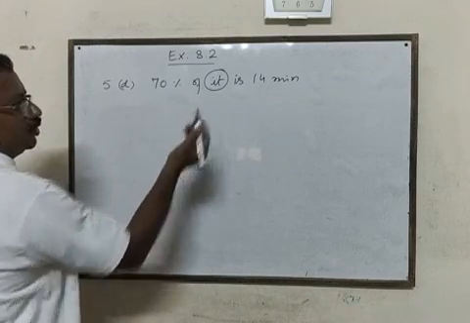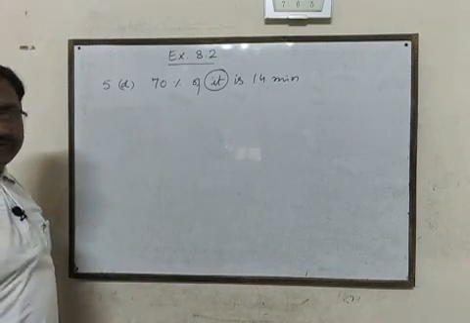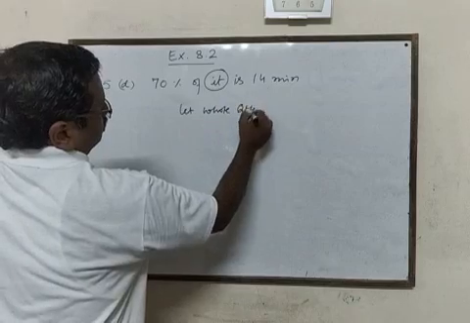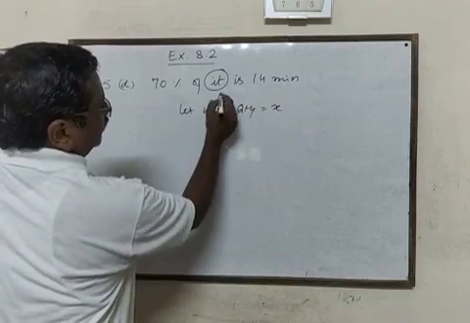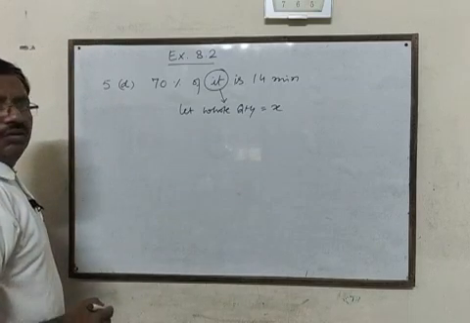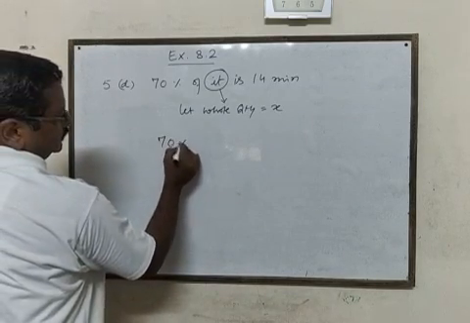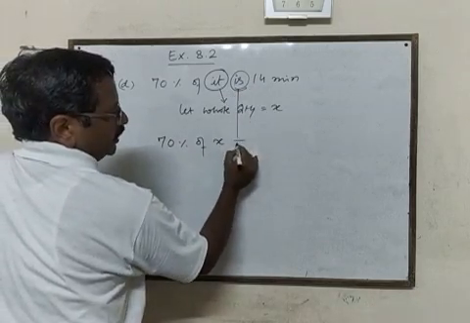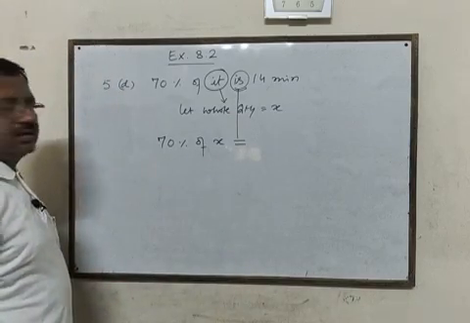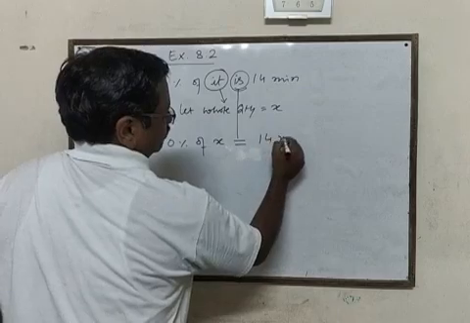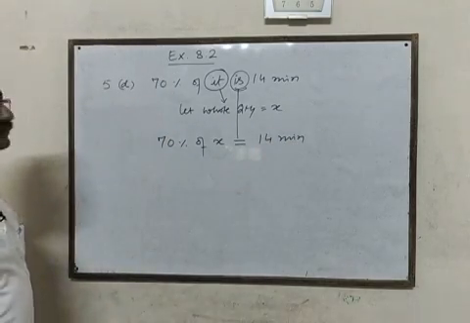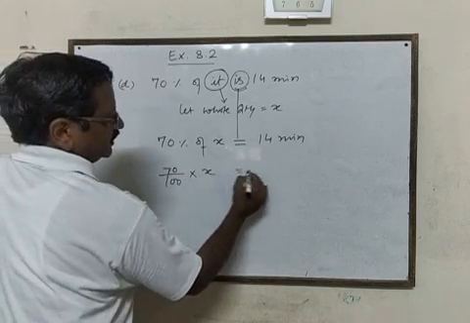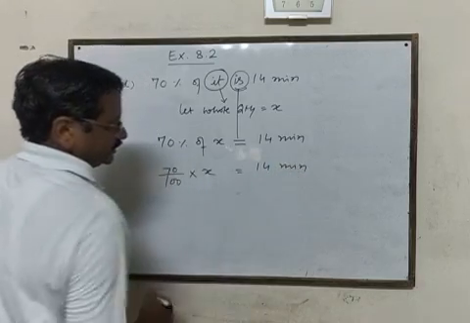So the whole quantity we don't know. We can take it as X. Let whole quantity be equal to X. Now this "it" can be replaced by this whole quantity. So 70% of X is equal to 14 minutes. So 70 upon 100 into X is equal to 14 minutes.